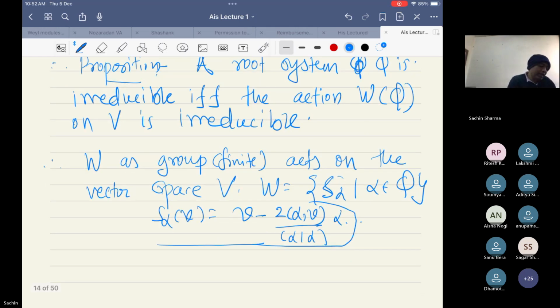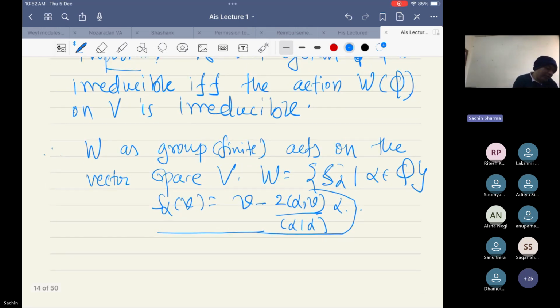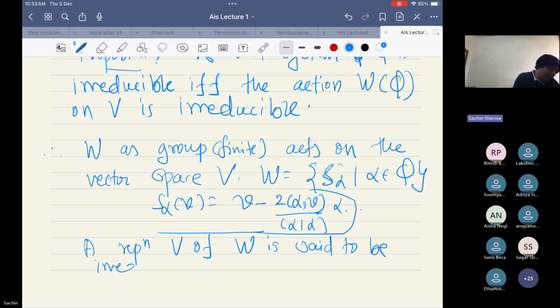Then a representation V of W is said to be irreducible. When do you say a representation is irreducible? It can't be written as a direct sum of non-trivial representations.